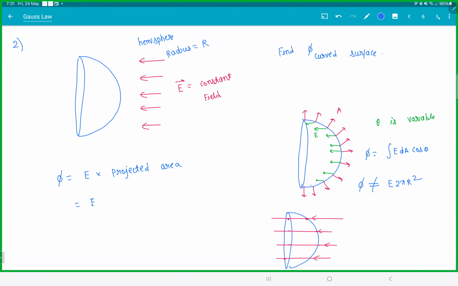In this case, simply it is E into pi r square, since the number of lines passing through the curve is equal to the number of lines passing through the disk.